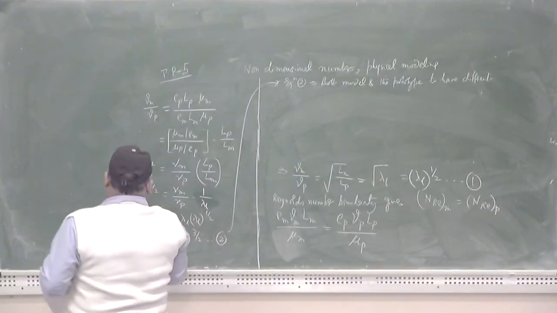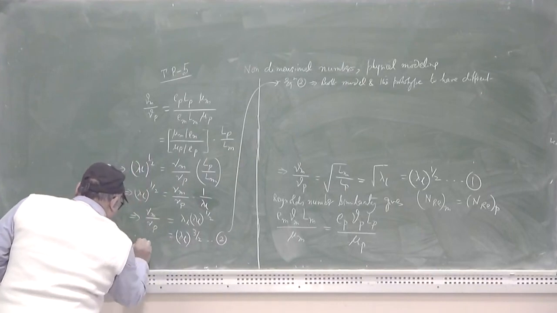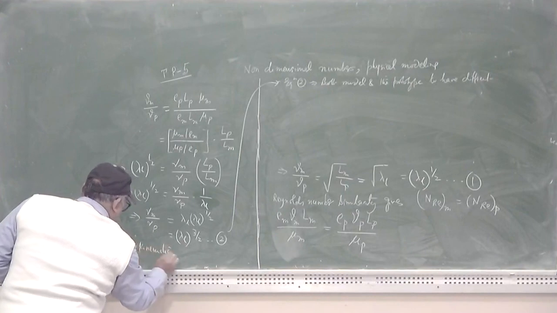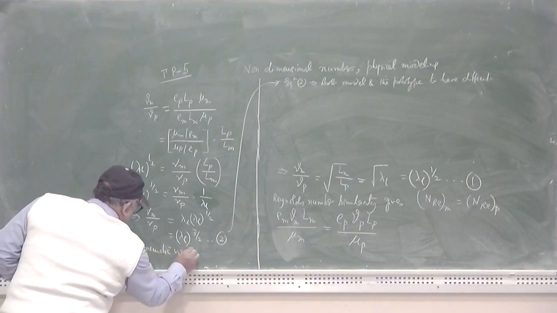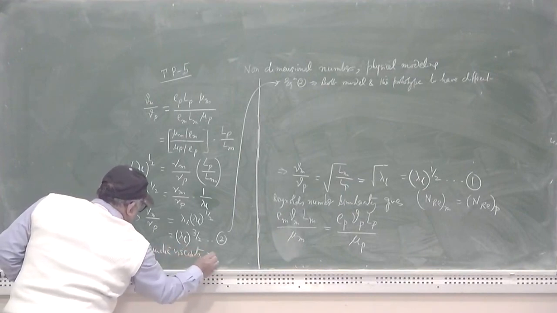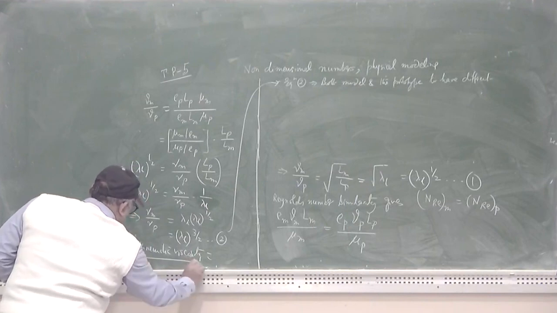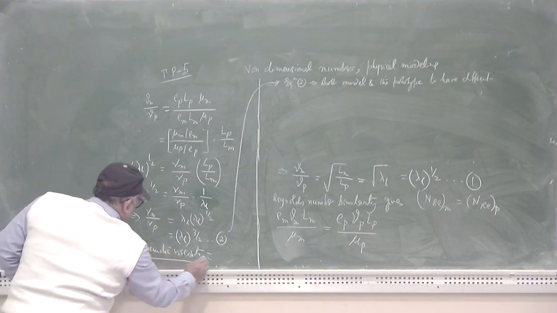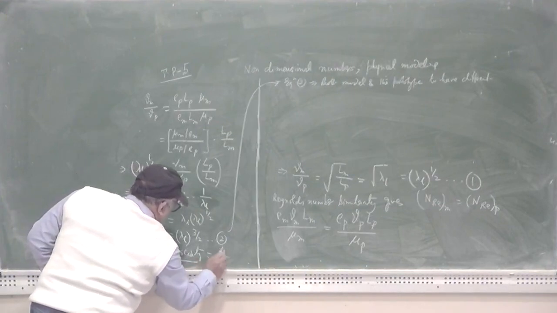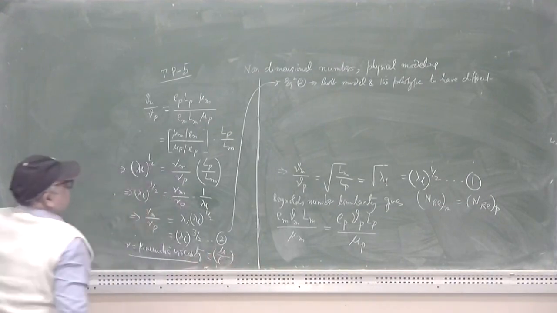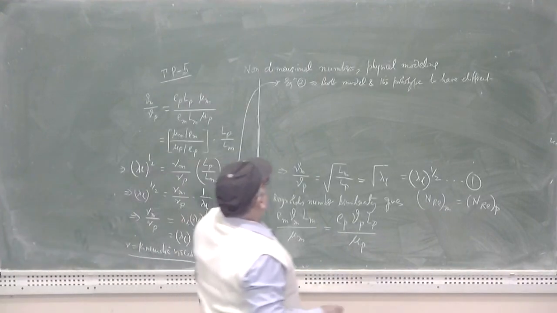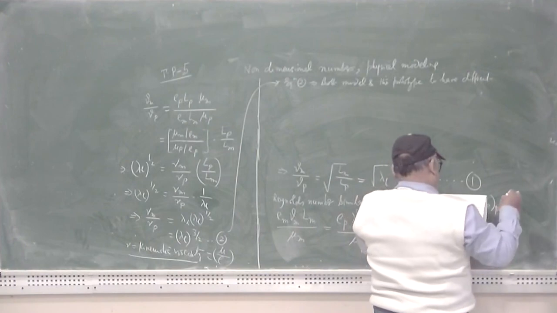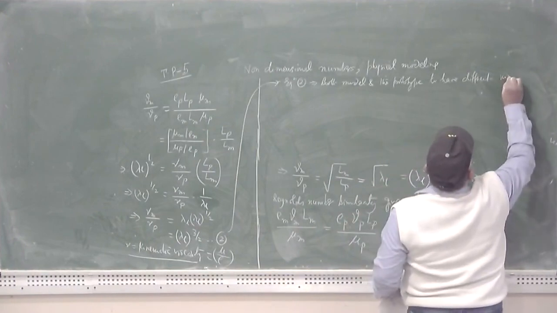This nu is called kinematic viscosity, whereas mu is called the dynamic viscosity. The kinematic viscosity is defined as mu, the dynamic viscosity, divided by density.